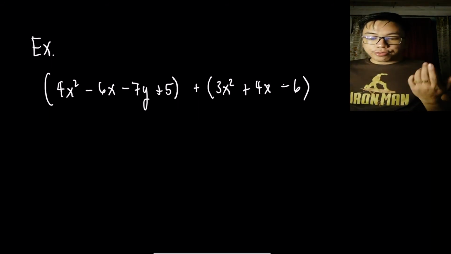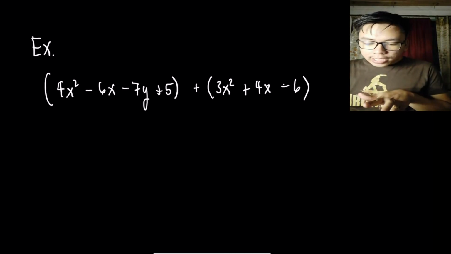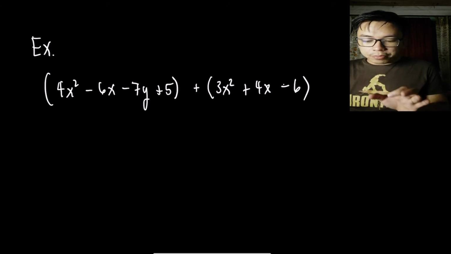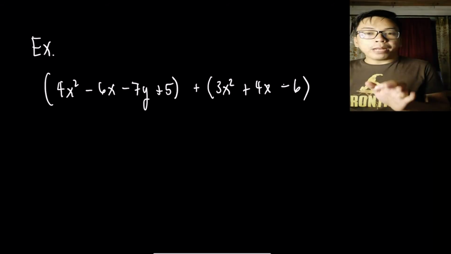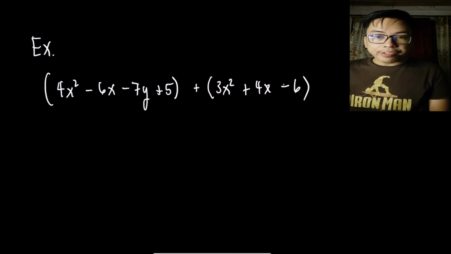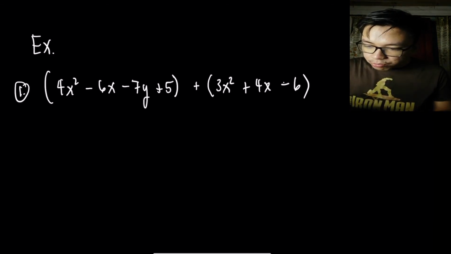So I'm interested in adding the expression 4x squared minus 6x minus 7y plus 5 to the expression 3x squared plus 4x minus 6. So I'm going to add similar terms according to rule number 1. So the similar terms here are these.